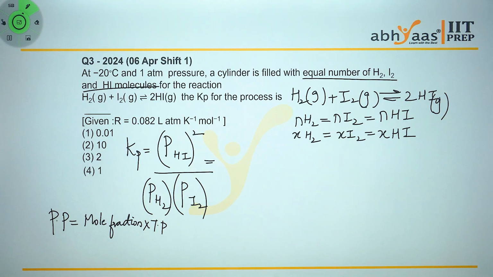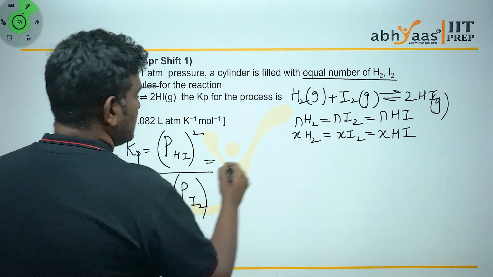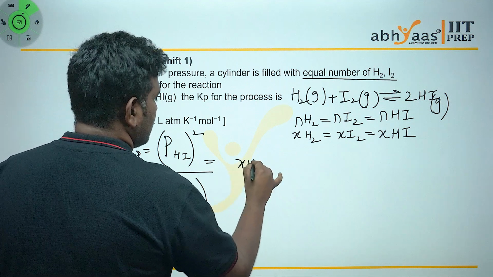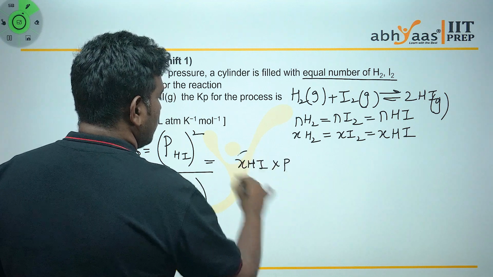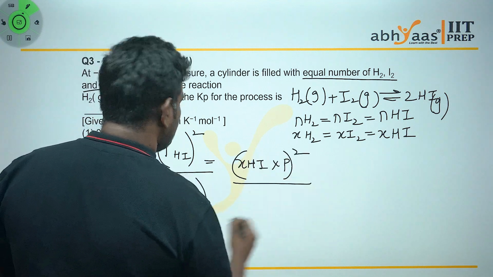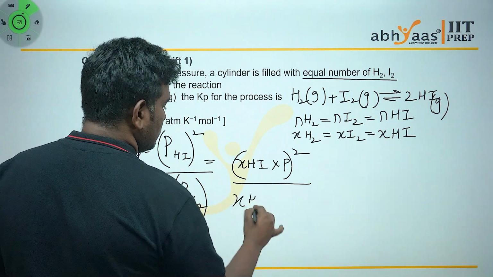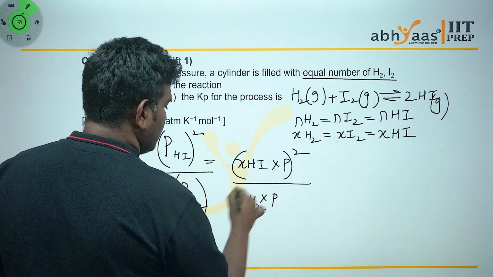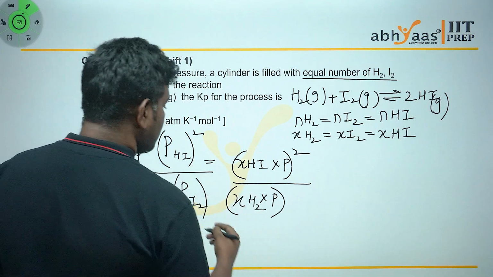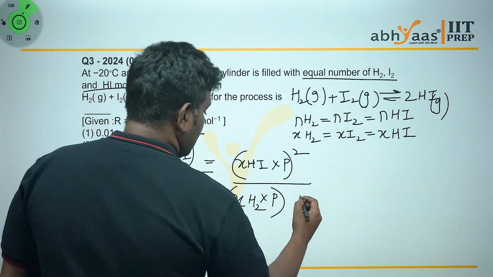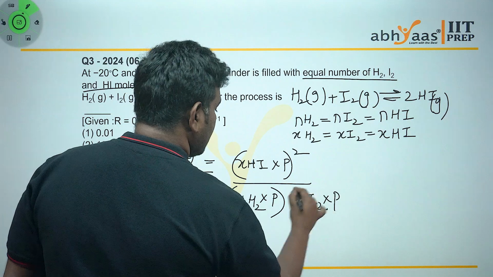So for HI it is X of HI into total pressure P, the whole squared, divided by X of H2 into P, into X of I2 into P.